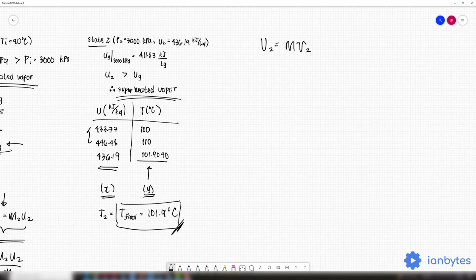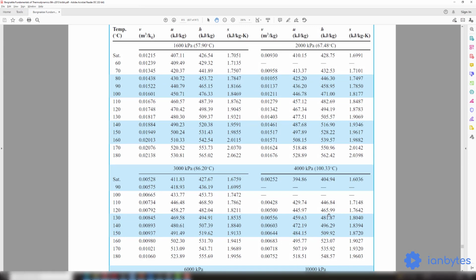Pwede nating isolve ang specific volume at state 2 using our thermodynamic tables and linear interpolation. Balikan lang natin ang thermodynamic tables natin kanina. For an internal energy of 433.77, we have the corresponding value for specific volume that is equal to 0.00665.